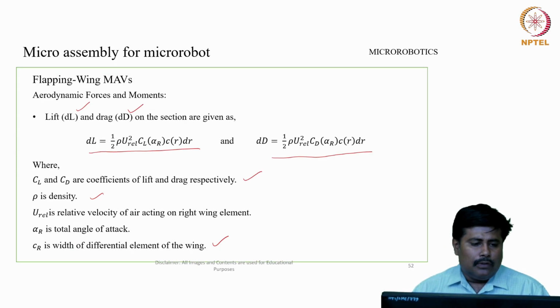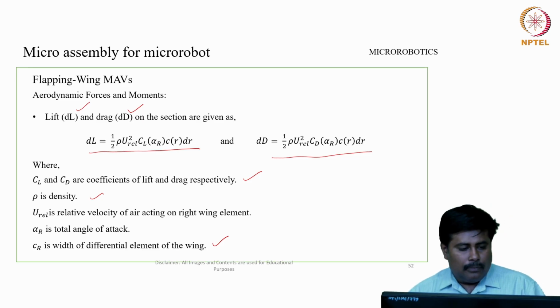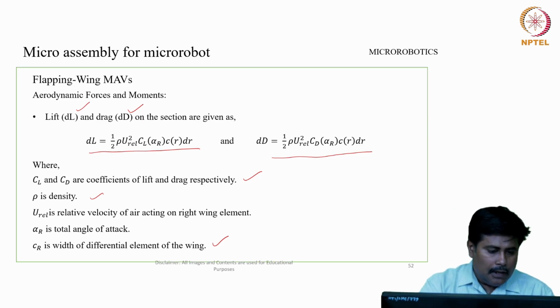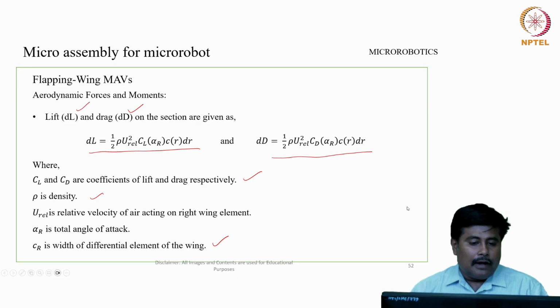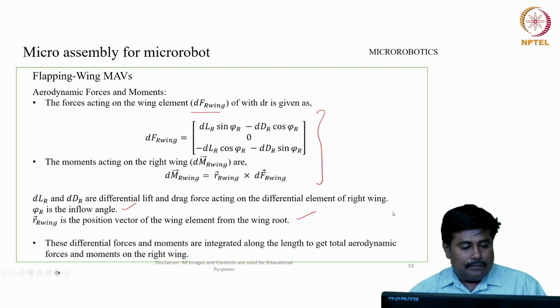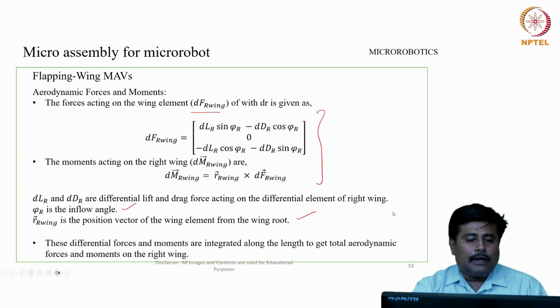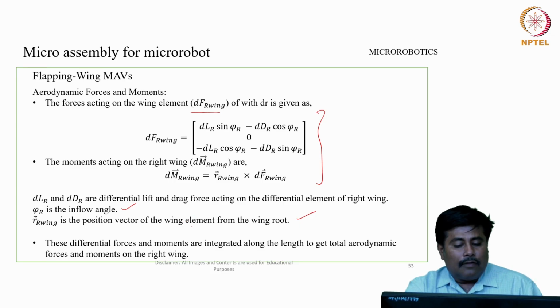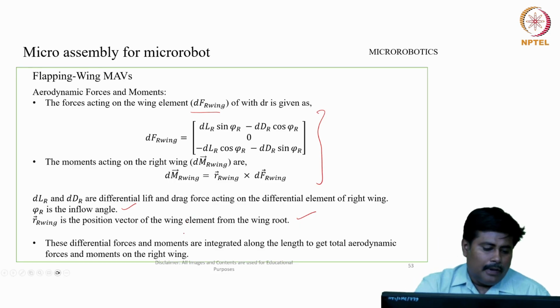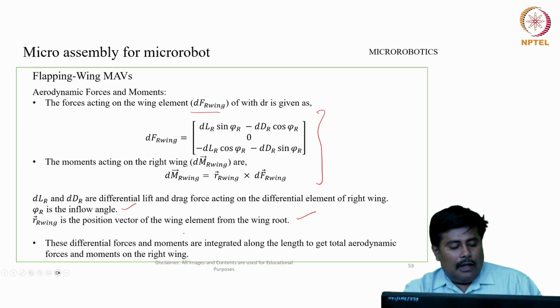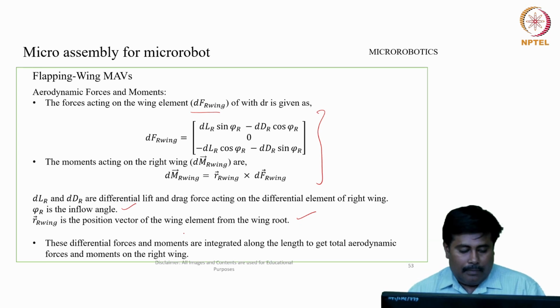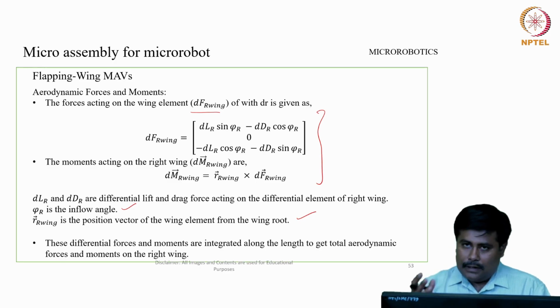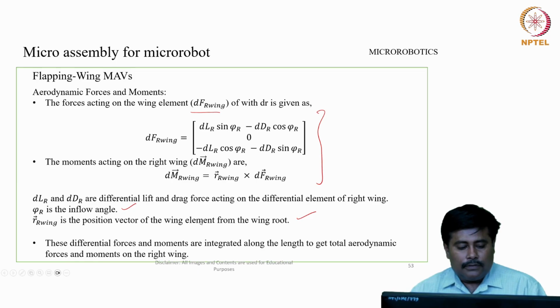We have discussed the aerodynamic forces and moments, and also the lift and drag overall calculations, the force acting on the wing element dF_R and the moment acting on the wing element. dL and dD are the lift and drag forces acting on the differential element of the right wing, phi_R is the inflow angle, and r_wing is the position vector of the wing element.